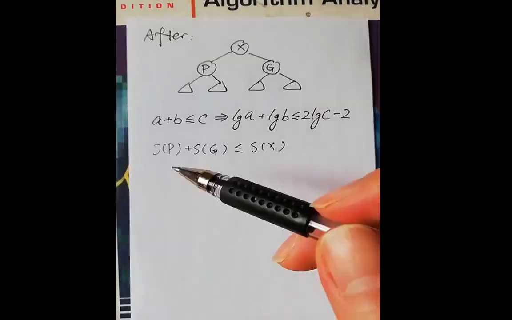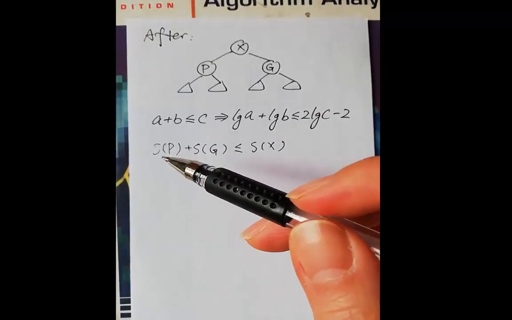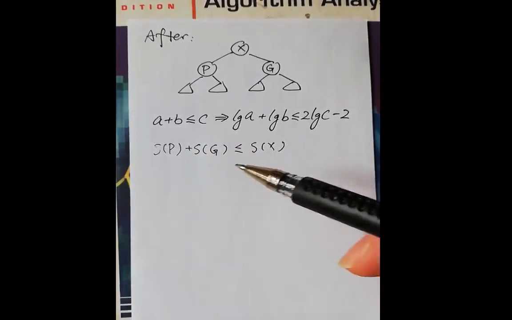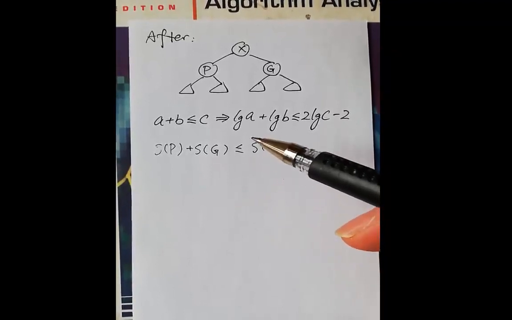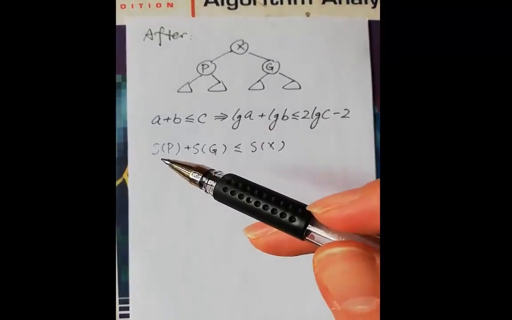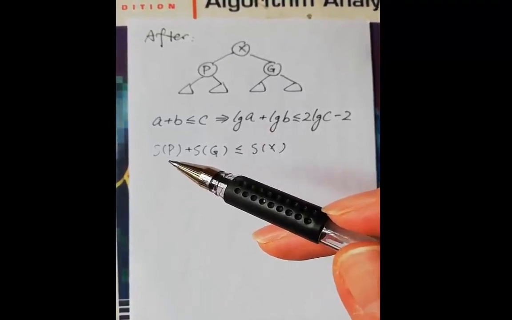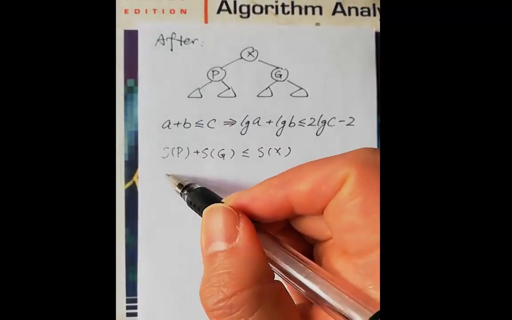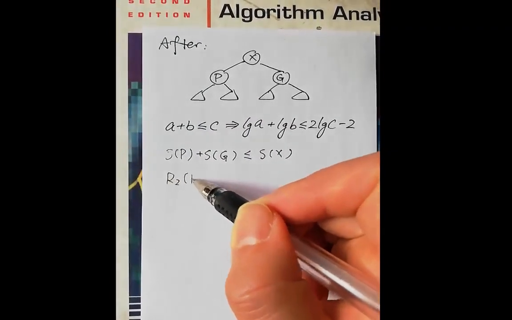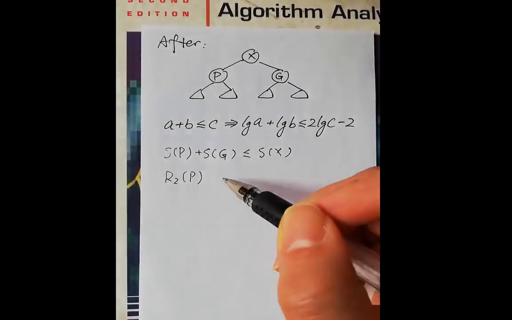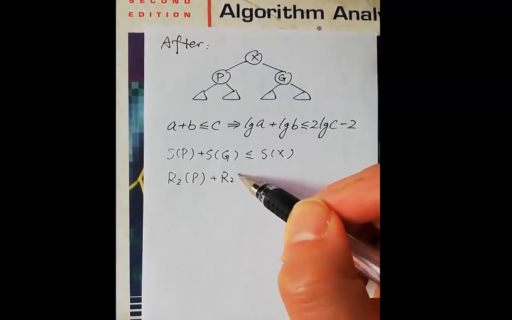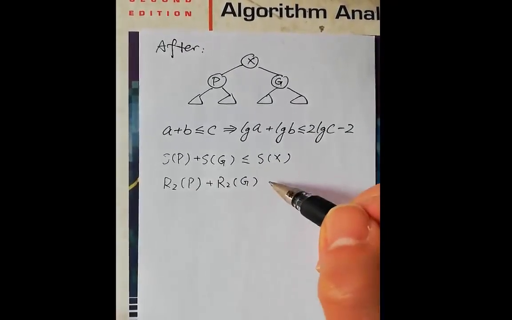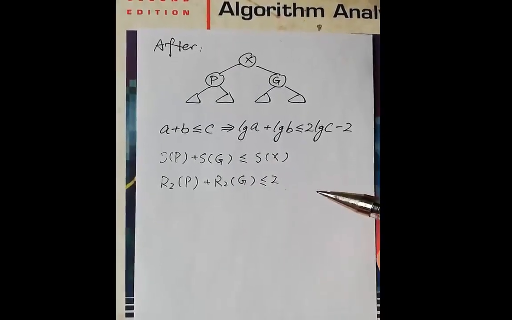Alright, so it's like A is S of P, B is S of G, and C is S of X. If this is the case, then we can conclude that log of A, so what is log of A? That is the rank, right? That's the rank of P after the rotation. So that means rank 2 of P plus log of B, that is rank 2 of G, must be smaller than or equal to 2 times what?